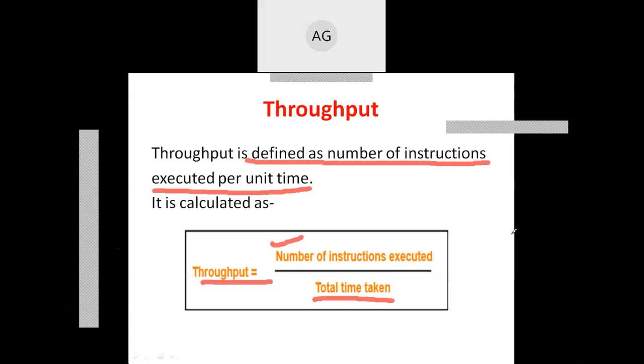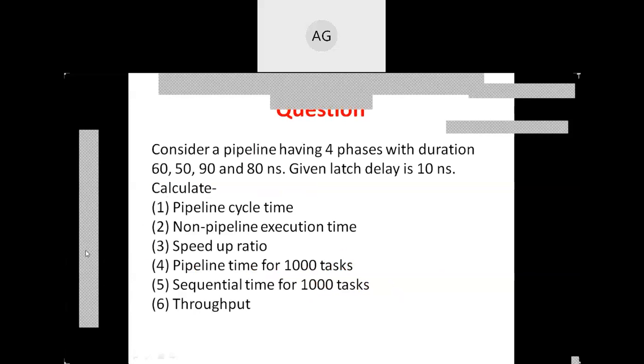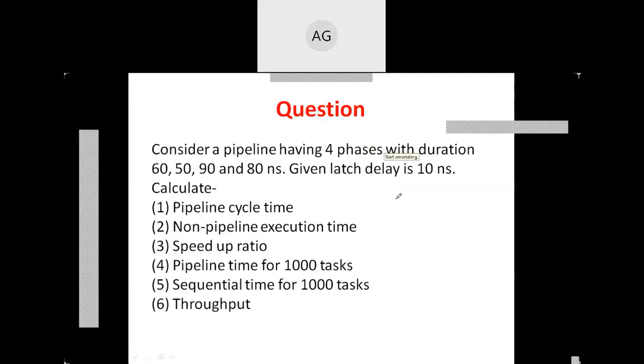Let us solve a numerical based on pipeline. A question is given to you. You can just remember those formulas because questions come directly to apply those formulas.